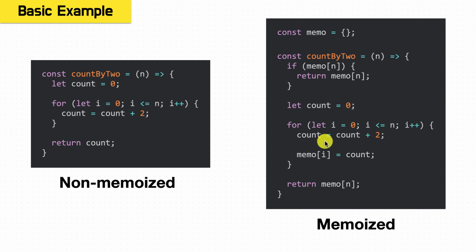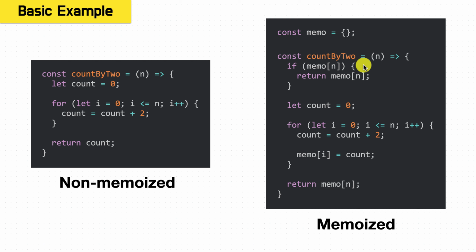Each time we add 2, but then we store the result for each value. So from i to n, these are all different possible values of n that this function could be called with. So at i equals 0, the count equals 2. At i equals 1, the count equals 4, and so on until we finish the loop. Then we've calculated the nth value, so we return the memoized version for the solution input.